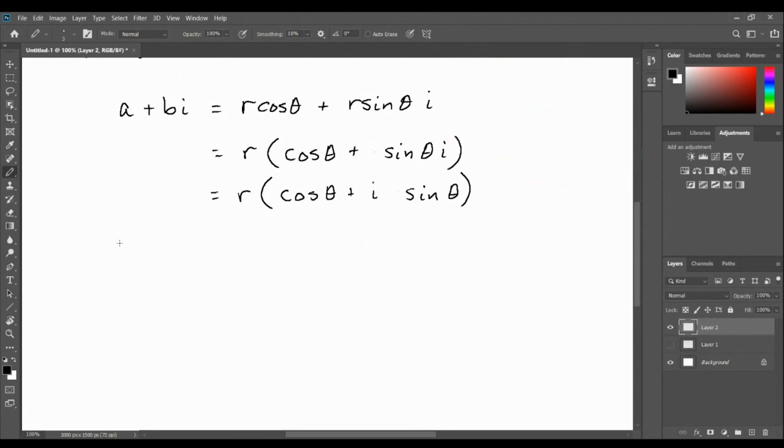Let's see. So I've got, say, 1 plus i, and I need to take this over into my trigonometric notation. So let's take a quick look at where 1 plus i would be on here. One real, one imaginary. So that's right there. So I've got some angle here. Now, which angle has the same x and the same y?